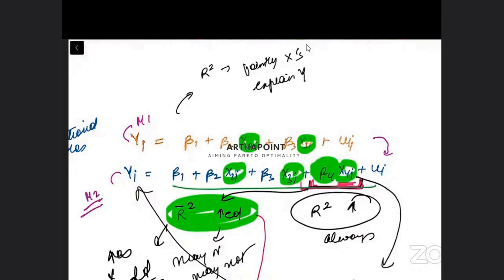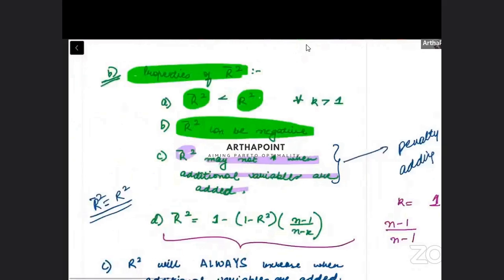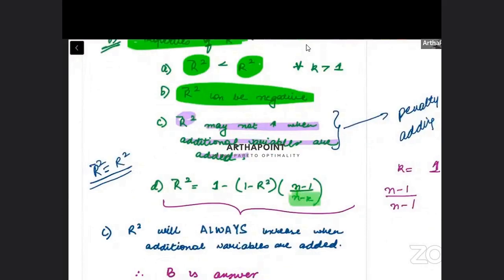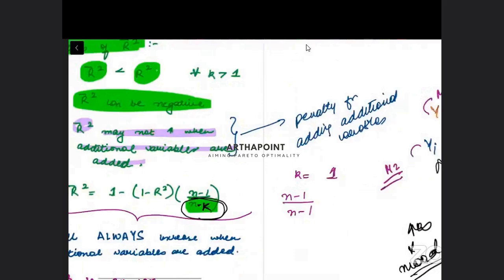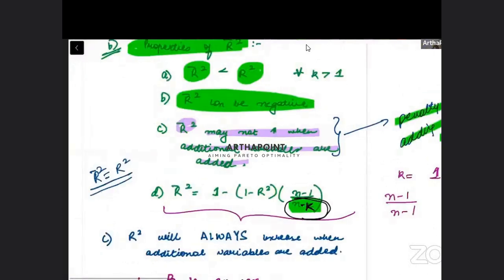So if you increase x's, the joint explanation of y will always increase. But r bar square has this penalty term, including the degrees of freedom, it is giving penalty for increasing the variables. Here there is minus k, k is the number of parameters. It gives penalty for that. So therefore, because it gives penalty for adding an additional variable, r bar square will not always increase.